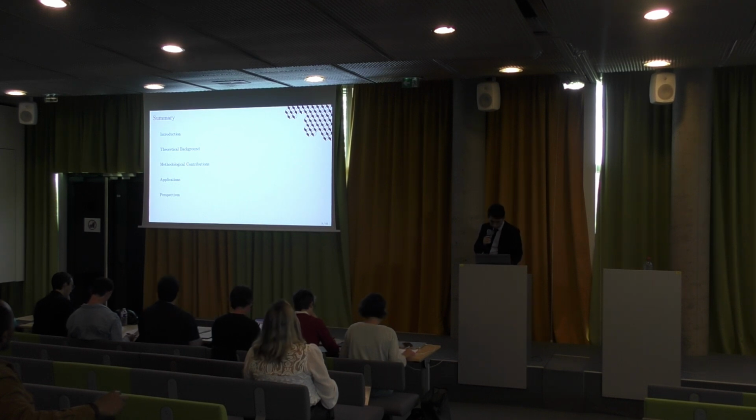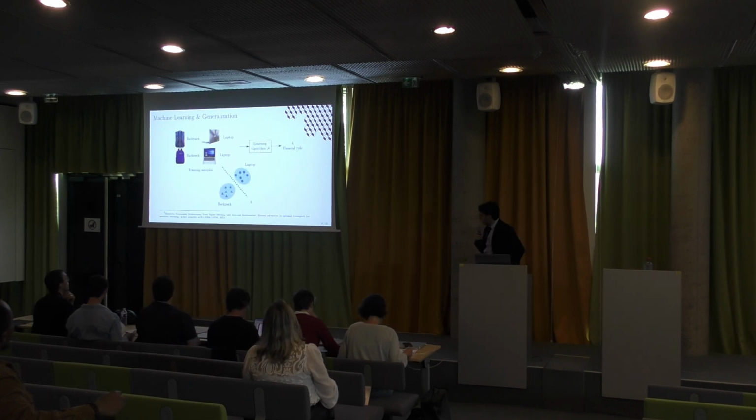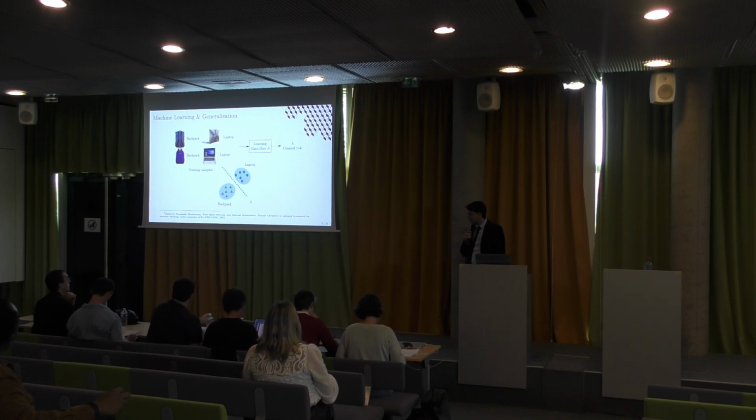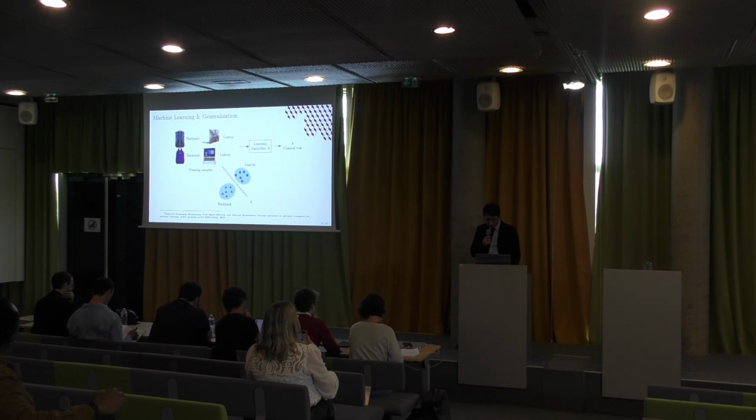Now, for the introduction. This thesis is, at its bottom, about machine learning. In this presentation, I'm going to focus on the case of classification. Usually, when you want a machine learning model to classify images, for instance, you collect a comprehensive enough data set, you feed it to a learning algorithm, and it gives you a general rule. Here I'm illustrating the case where you represent complex images through features.